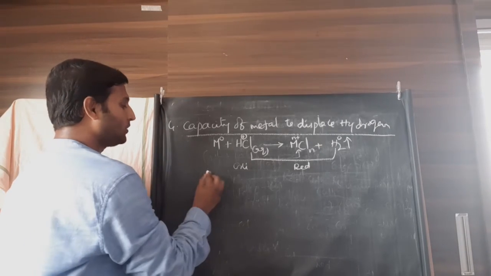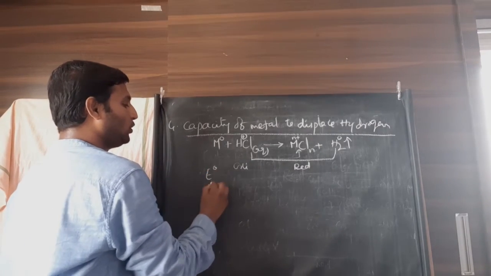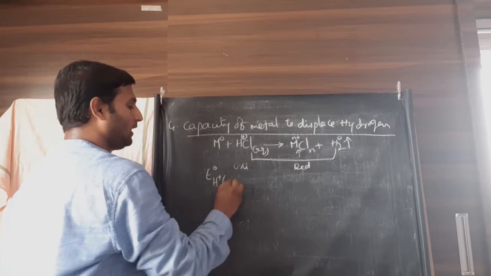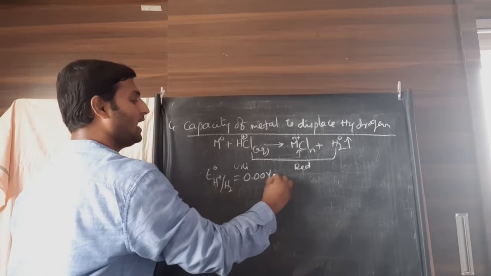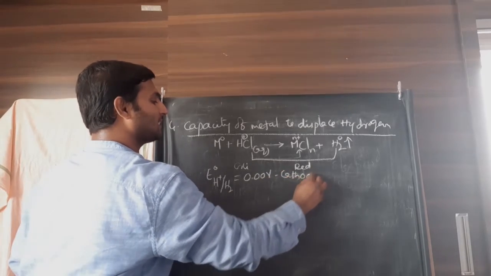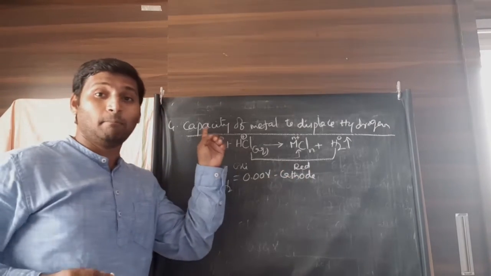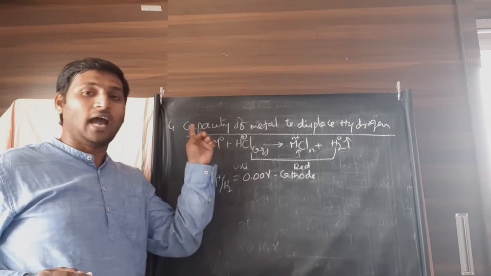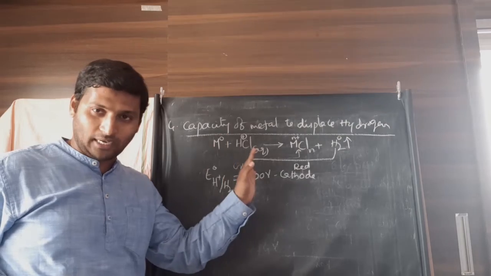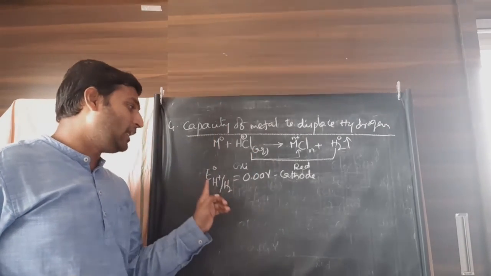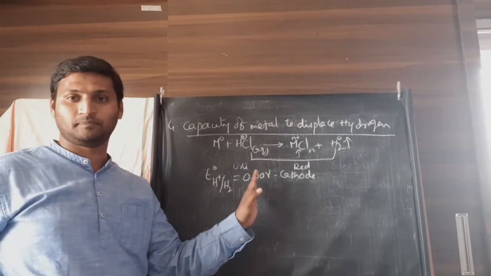So here you know that the E naught value of the H plus/H2 couple is 0 volts and it must act as cathode. If the hydrogen displacement reaction of a given metal has to be spontaneous, then the hydrogen electrode must be cathode.